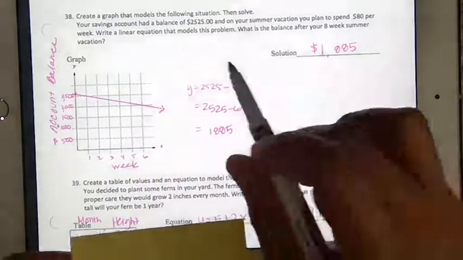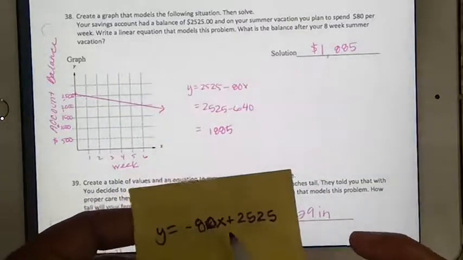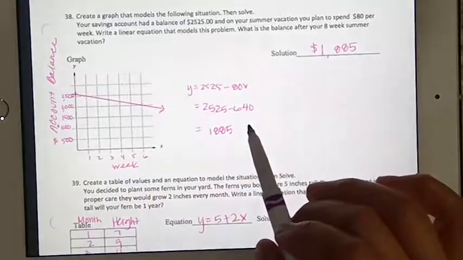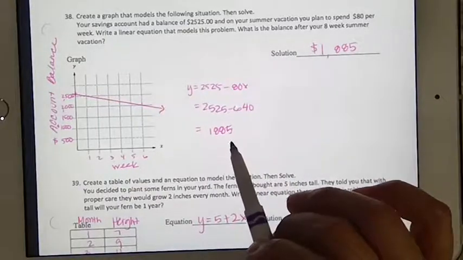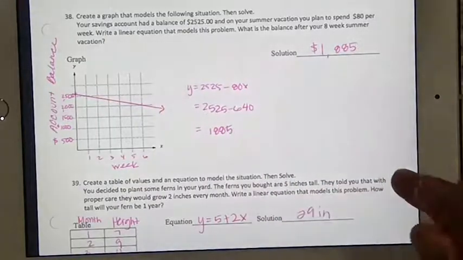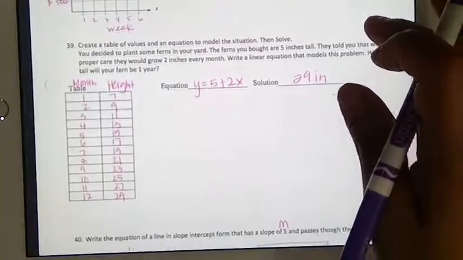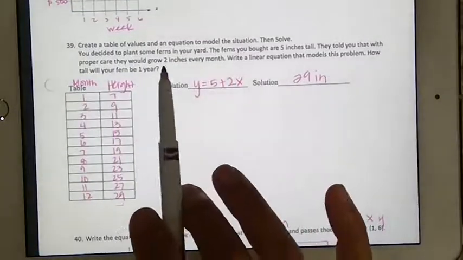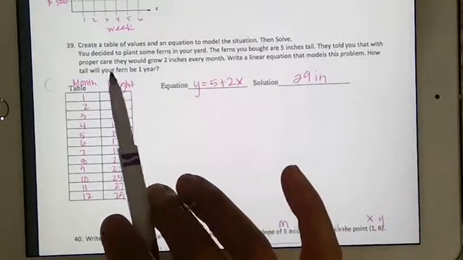Plug in 8 right there to figure it out. So you spend $640. So you're left with $1,885.